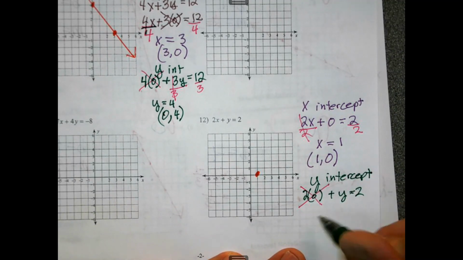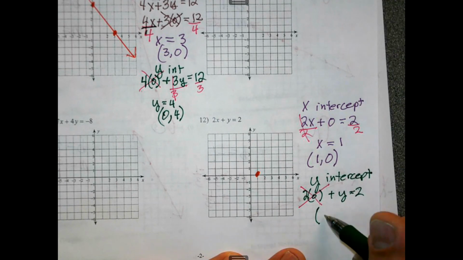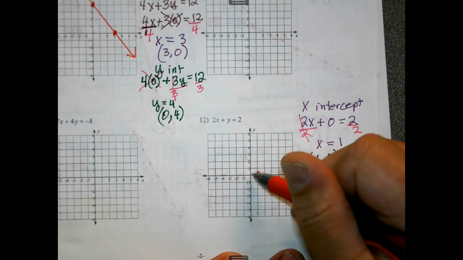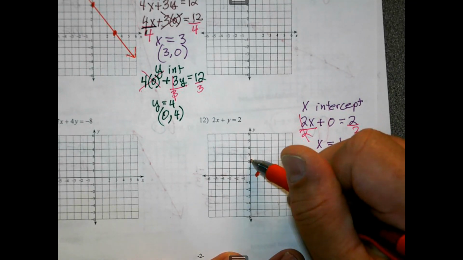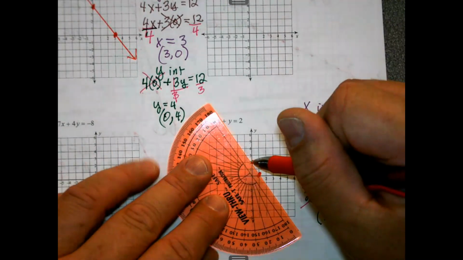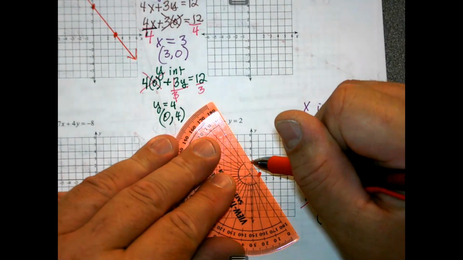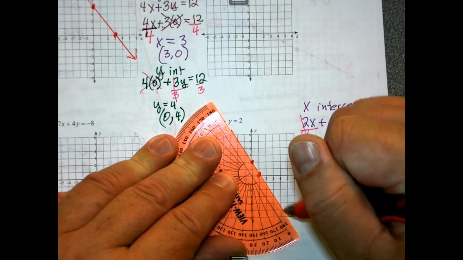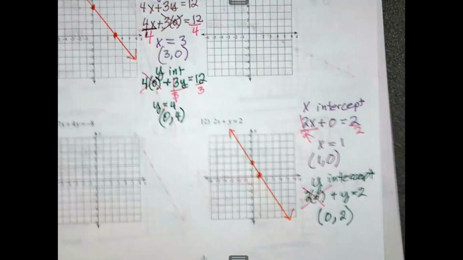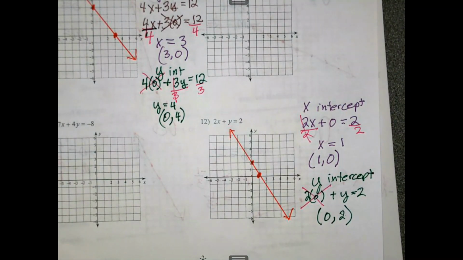So my y-intercept, 0 comma 2. There's my 2 points. That's it.